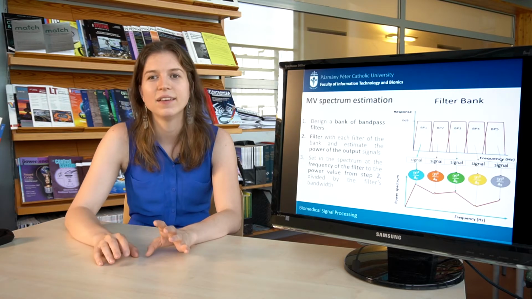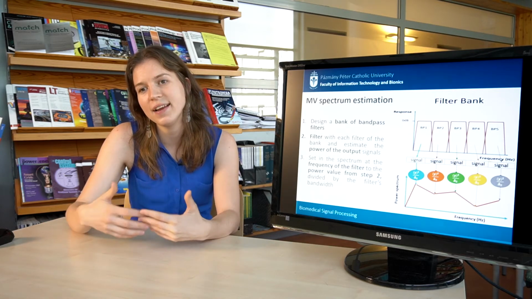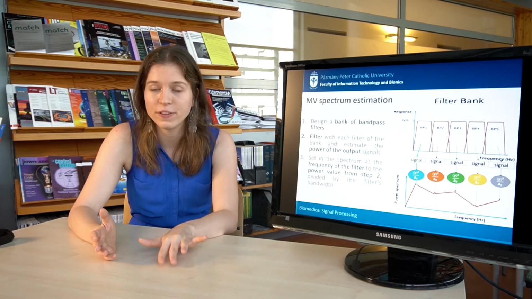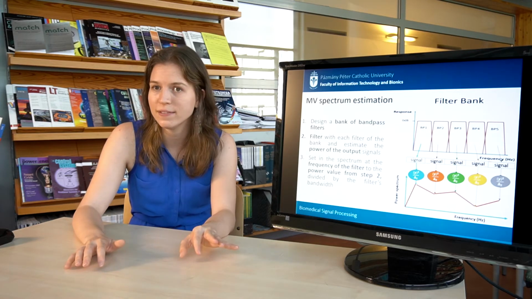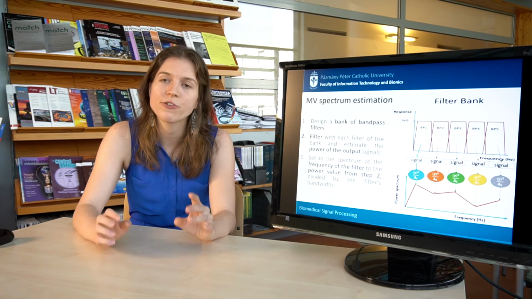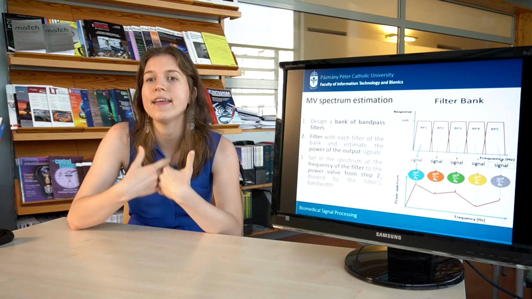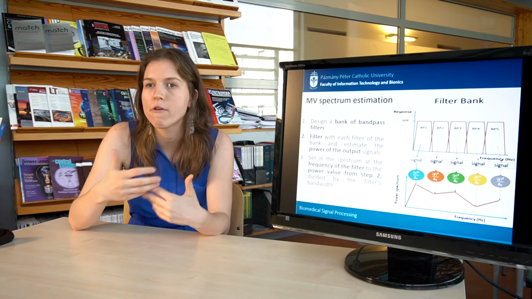In this case, you're using a bunch of filters. You design a filter bank which has bandpass filters at frequencies of interest or at all frequencies. You filter your signal by each of these filters, and their output will be some power.